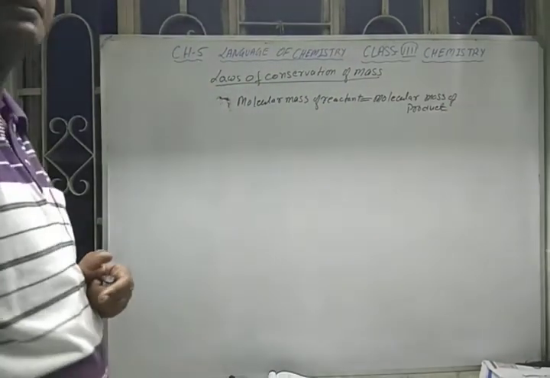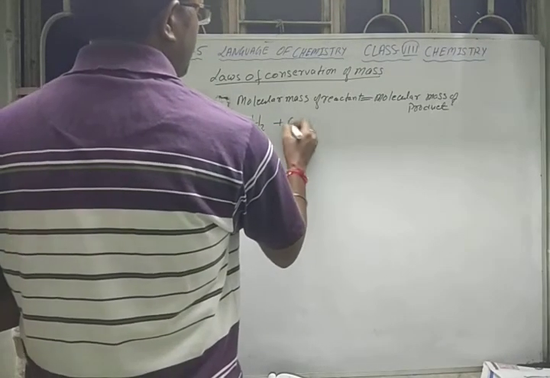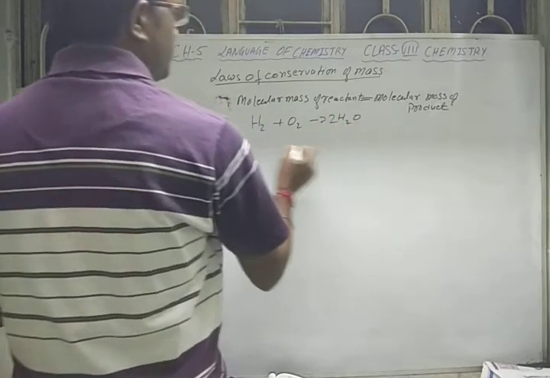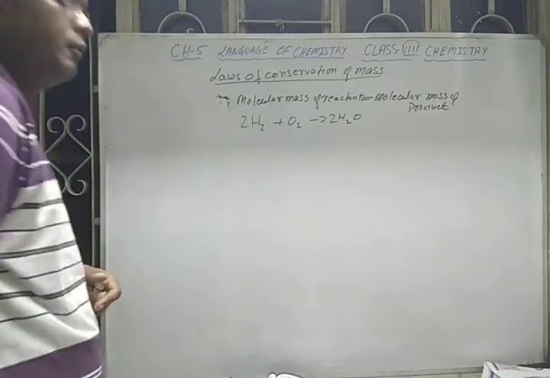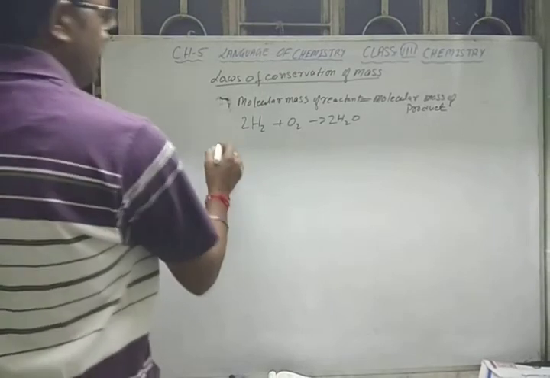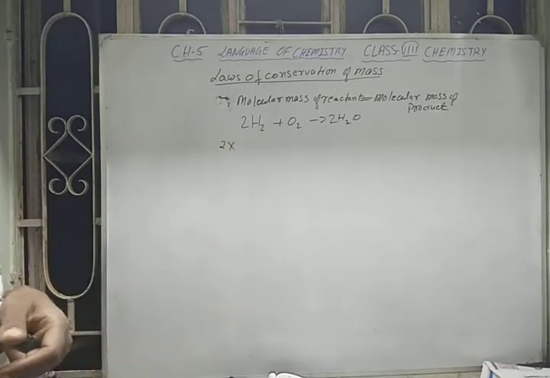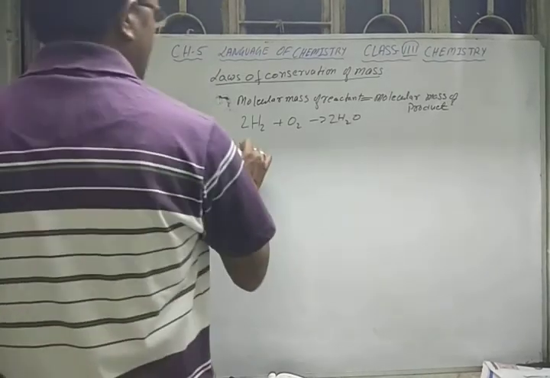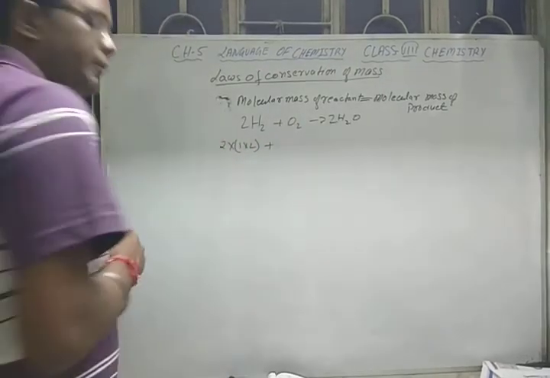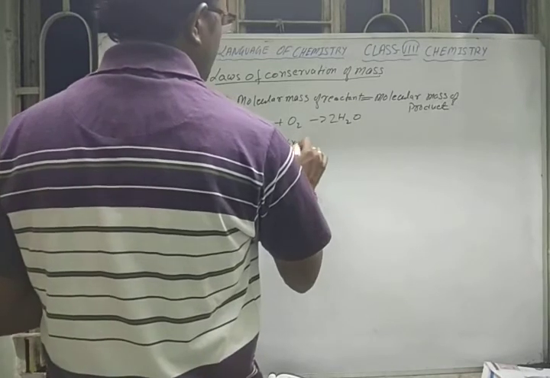Now a very simple example: the preparation of water from hydrogen plus oxygen. If you balance it, you have to put 2 here and 2 here. Now to find the molecular mass of the reactant part and the product part: 2 into the atomic mass of hydrogen, which is 1, so 1 into 2, plus the atomic mass of oxygen, which is 16, so 16 into 2.